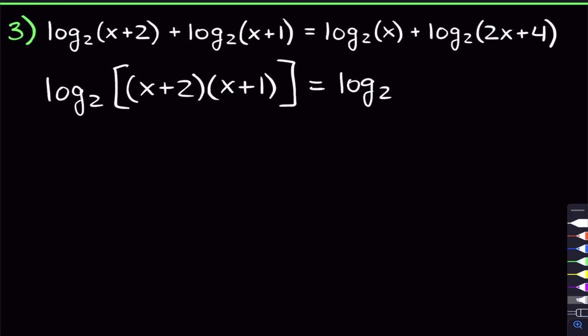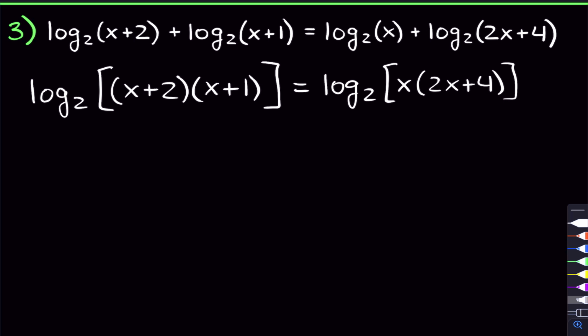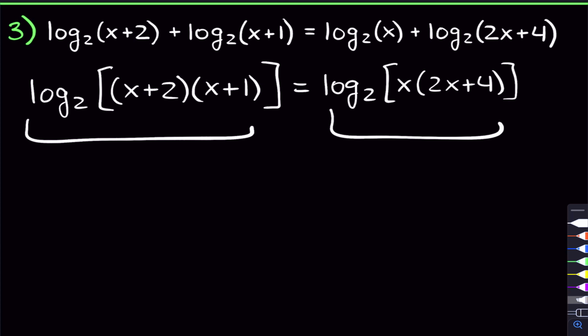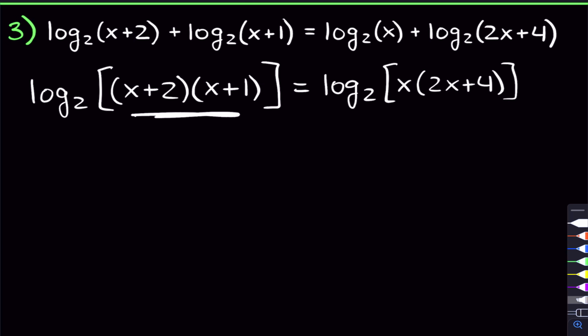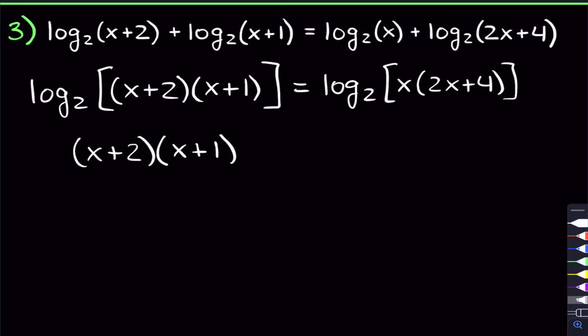We combine them into one log and just multiply the arguments. So now we actually have one log on one side and one log on the other. And that means that their arguments must be equal. So we know that x plus 2 times x plus 1 is equal to x times 2x plus 4.